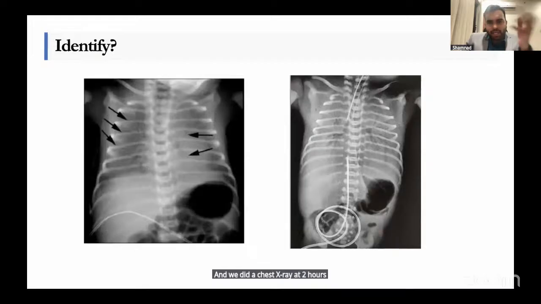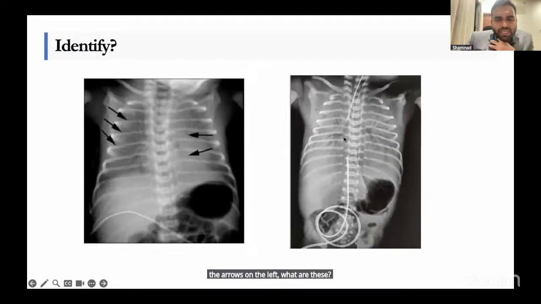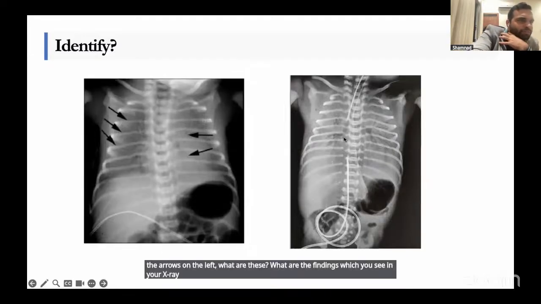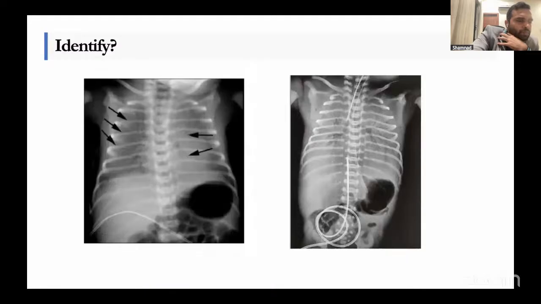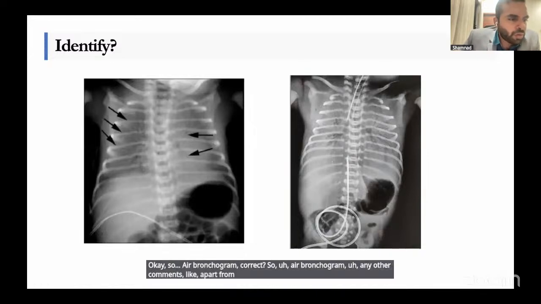Okay, so can you put in the chat box what findings you are seeing? What are the arrows on the left showing? You can comment. Okay, so air bronchogram, correct? Any other comments, apart from air bronchogram, what are you seeing?